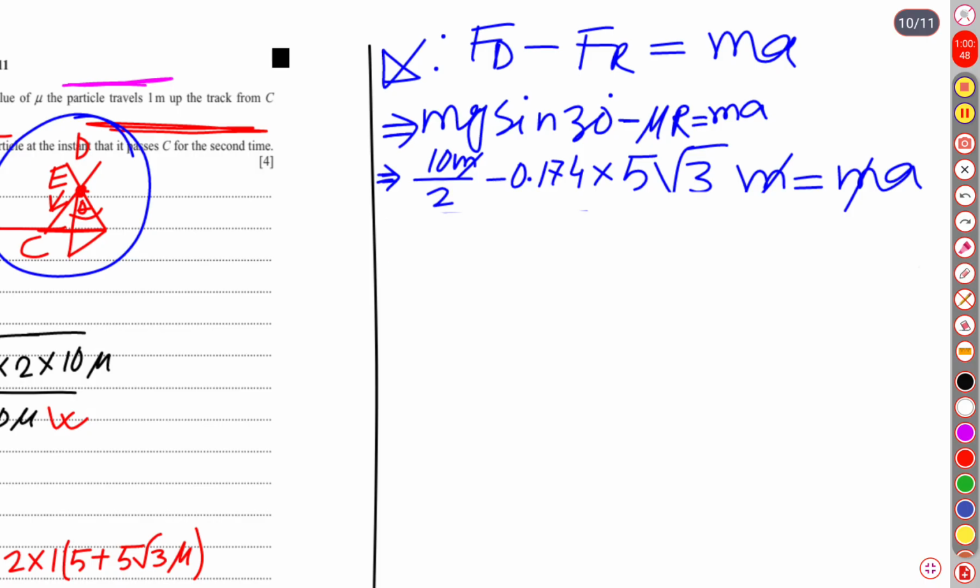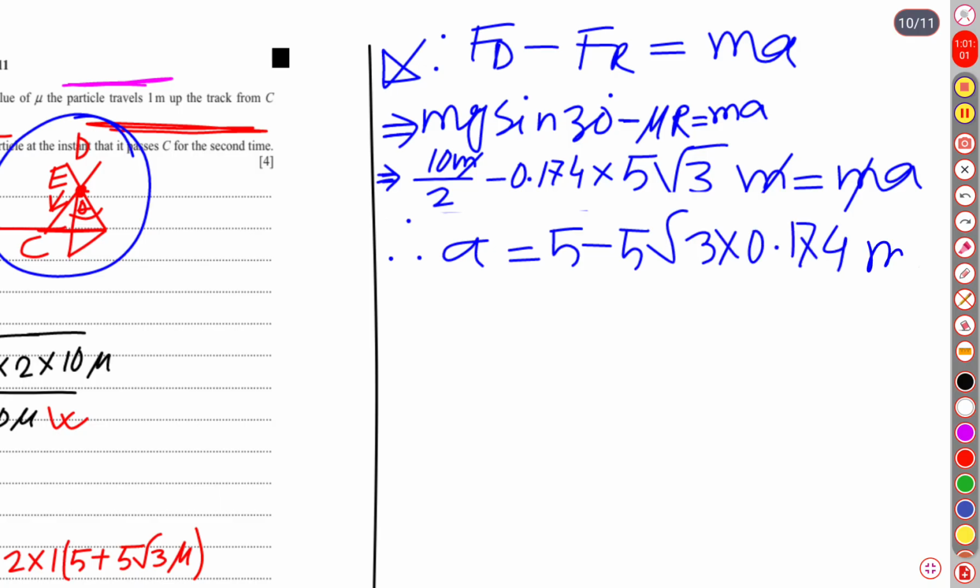Hence our acceleration is 5 minus 5 square root over 3 into 0.174 meters per second squared. Look, we have not deviated from our final answer. What did they tell us to find? They told us to find the velocity when it is moving backward again.